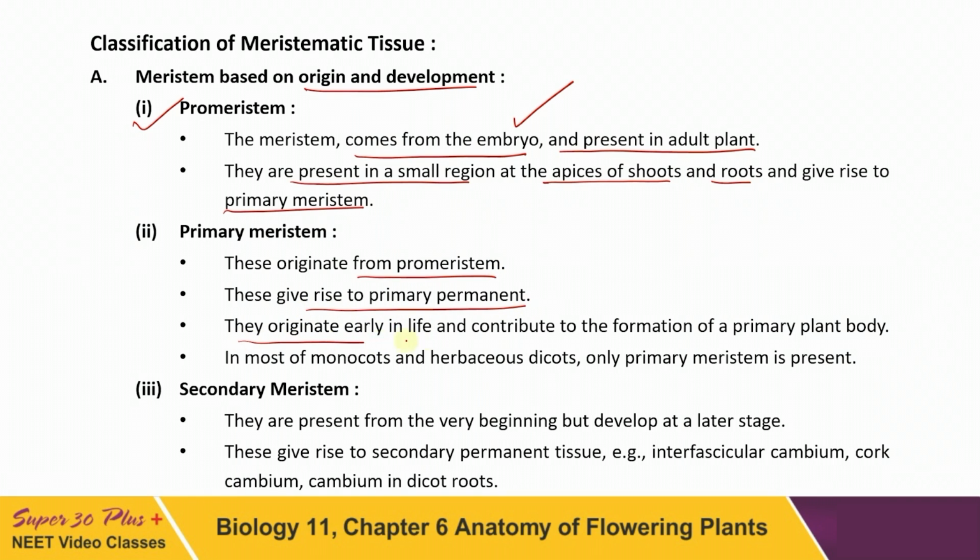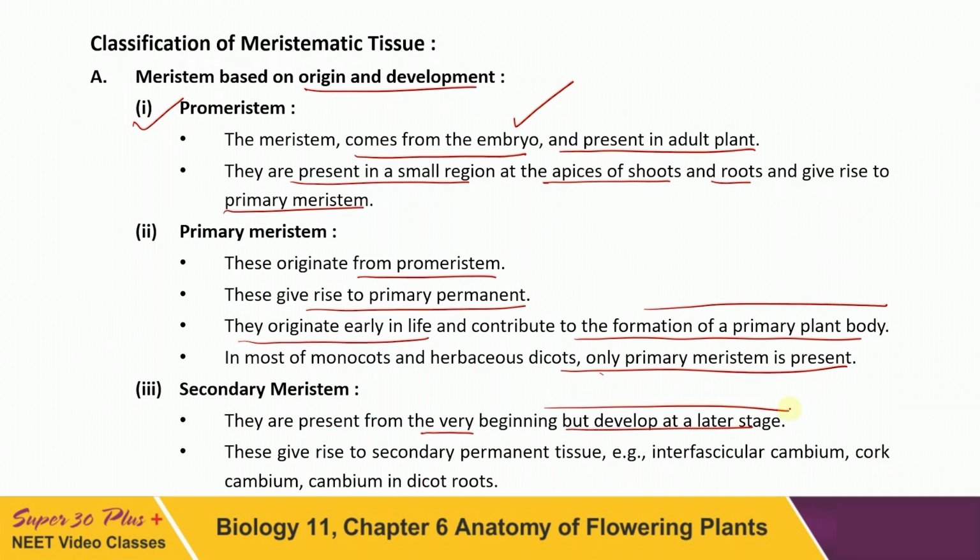They originate early in life, very important, and contribute to the formation of the primary plant body. In most monocot and herbaceous dicot plants, only primary meristem is found. Secondary meristem will be formed a little later. They are present from the very beginning but develop at a later stage.